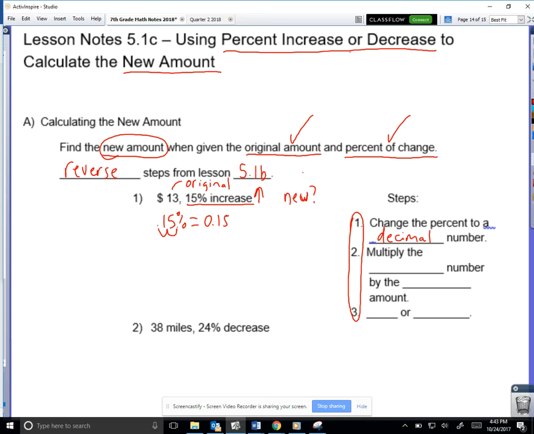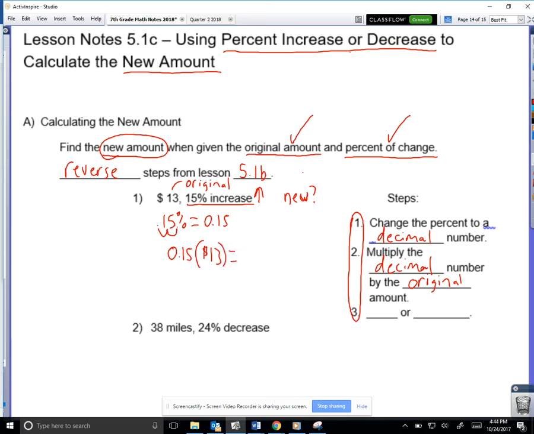Step number 2, multiply the decimal number by the original amount. Yesterday we divided, today we're multiplying, just doing the reverse of the steps. So we're going to take 0.15 and multiply that by the original amount, which is $13.